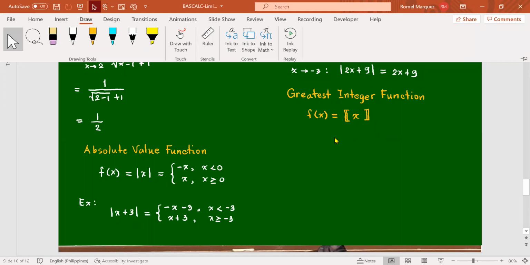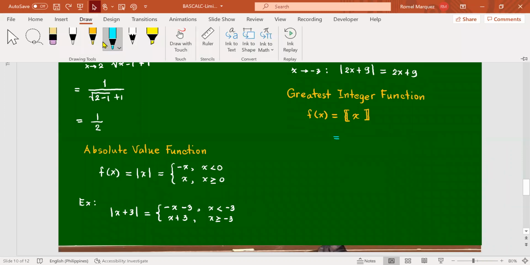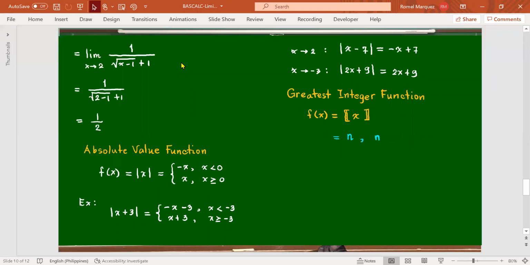Okay, guys? Actually, the greatest integer of x is equal to n, where n is less than or equal to x, but x is less than n plus 1. N is an integer.